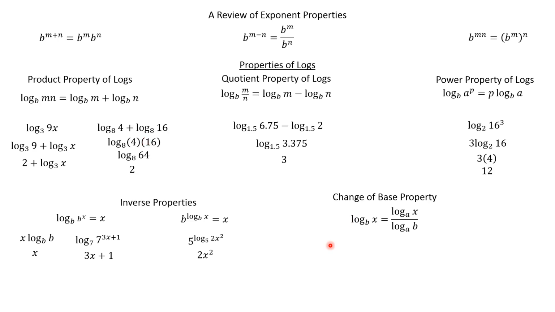And it used to be super, super important because of calculators, and before calculators, we had tables of values. Be thankful we have calculators. But calculators can do two logs. They can do the common log, log base 10, and the natural log, which we'll learn about later on in the chapter. Those are the only two logs.